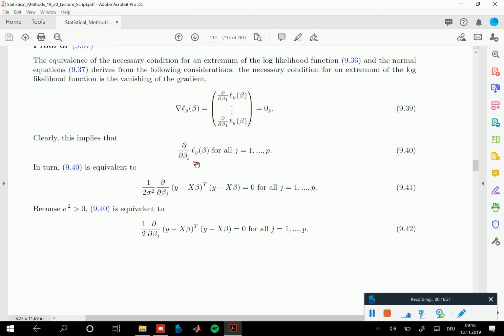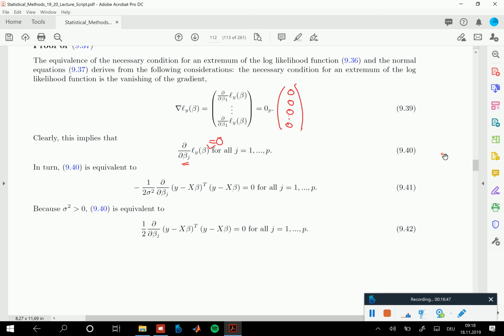And this implies that all these individual partial derivatives are 0. And there's a typo, so it should be the partial derivative of this with respect to beta j equals 0, because 0p is just a vector of all zeros, so all of these partial derivatives are zeros.